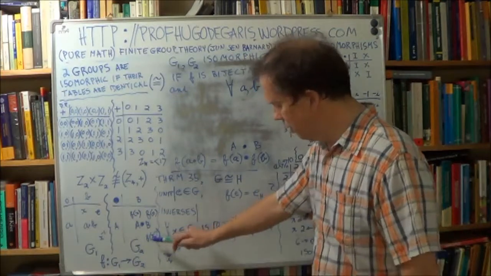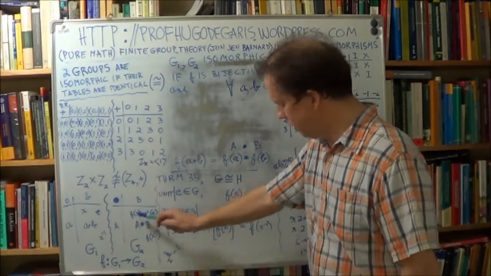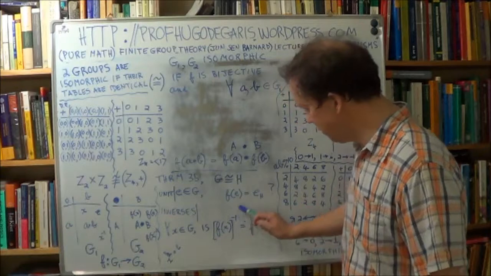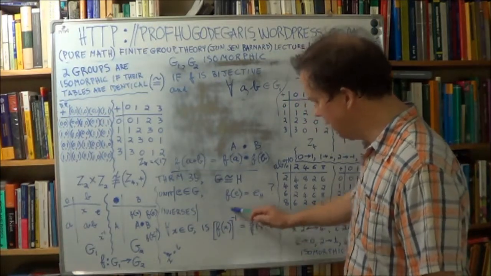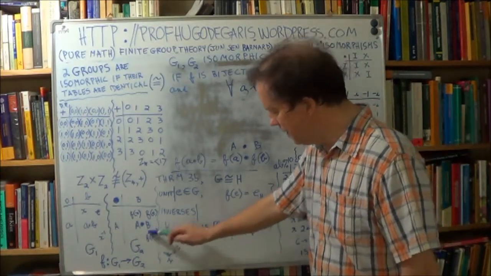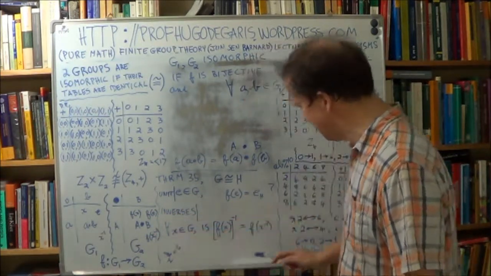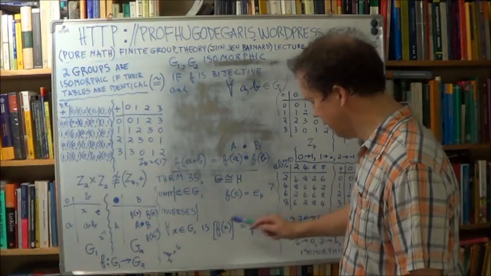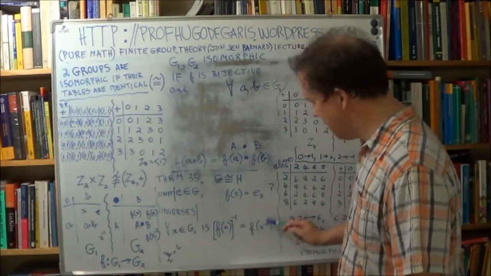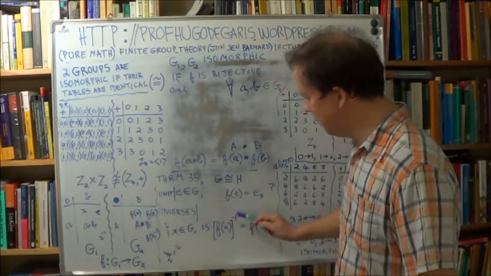Right? Now, what is the inverse of this? Well, it's just f of x inverse, right? It's just that. Okay. And we want to know, is this equal to the inverse of that? So is this here equal to the inverse of this?